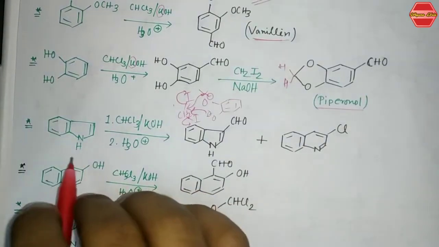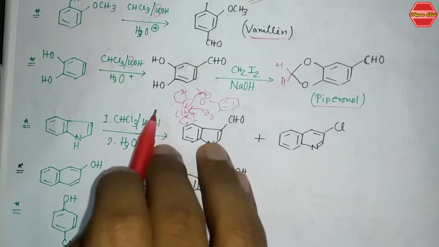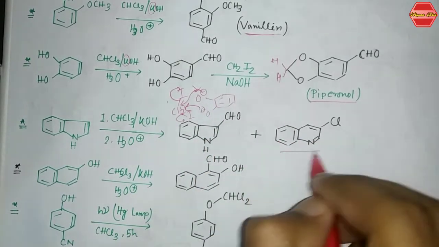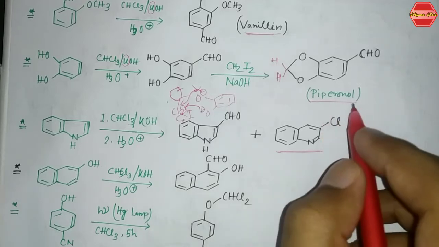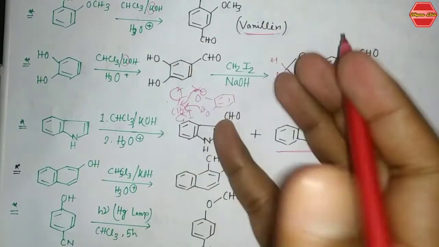Now the next important reaction is when we are using this indole derivative with this reagent, then this is your major product, and along with this you will also get this abnormal product. Now how will you predict the abnormal product?